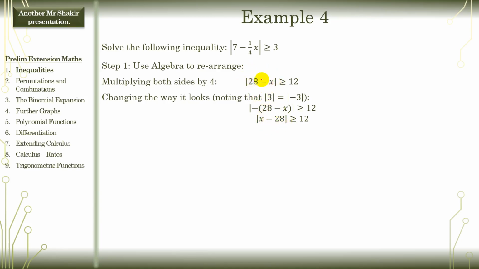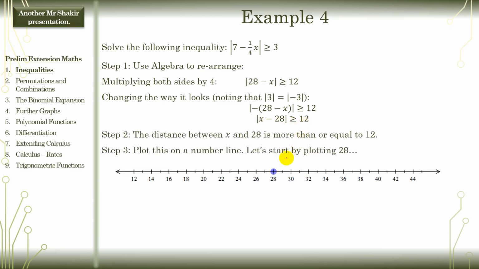This is an important trick for a lot of the questions. Make sure you understand this trick. Make sure you know what I did. X minus 28. That's the form I'm more familiar with. The distance of x from 28 will be more than 12 units on either side. So we plot 28, and now you need 12 units on the right. So 28 plus 12, 30, 40.